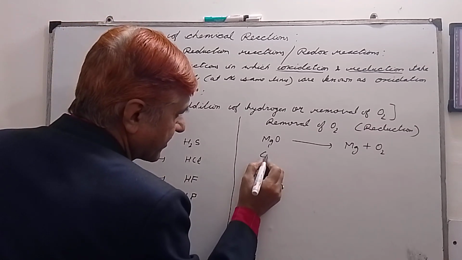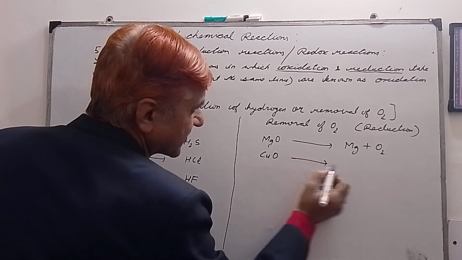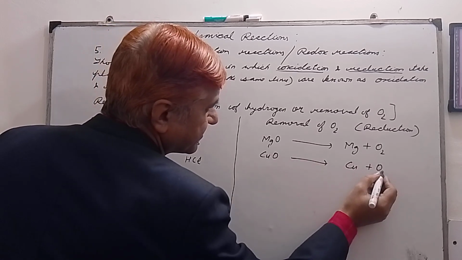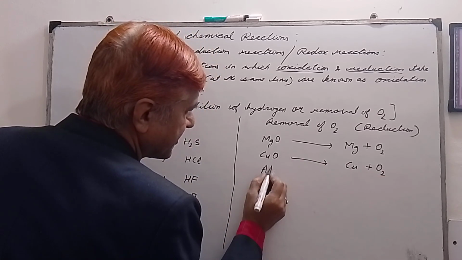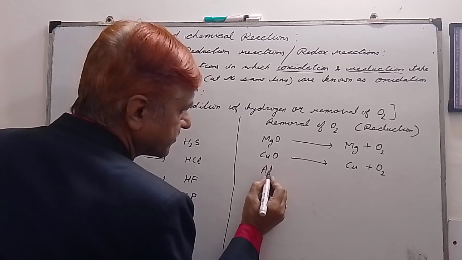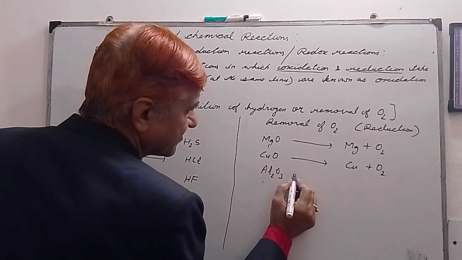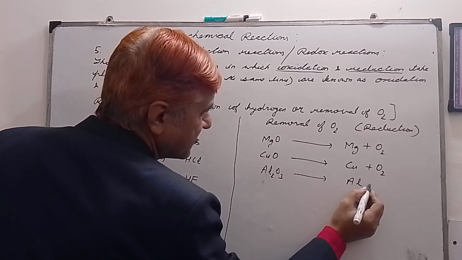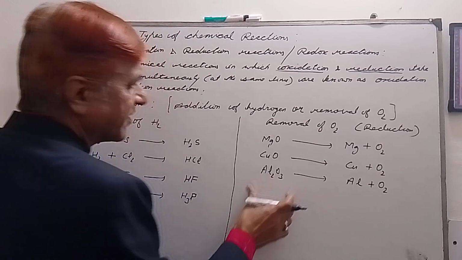Similarly, my dear students, copper oxide gives copper plus oxygen, aluminium oxide gives aluminium plus oxygen.